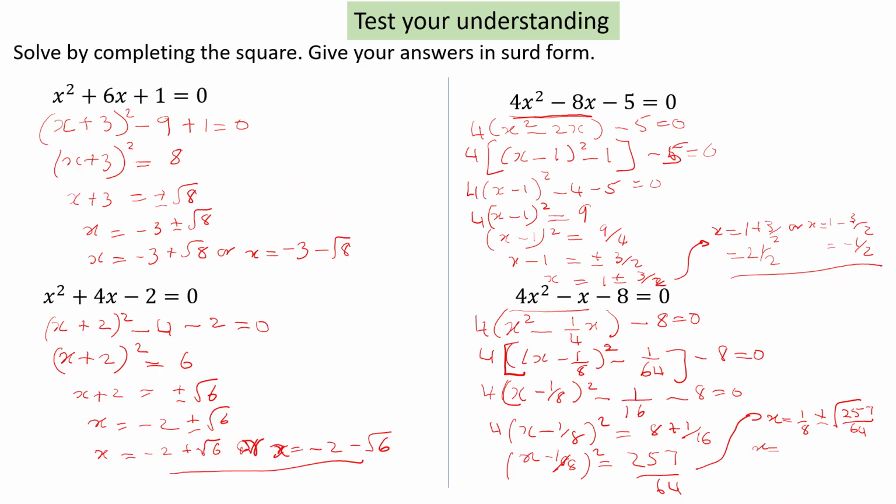So x equals 1 over 8 plus square root 257 divided by 8, or x equals 1 over 8 minus square root 257 divided by 8.